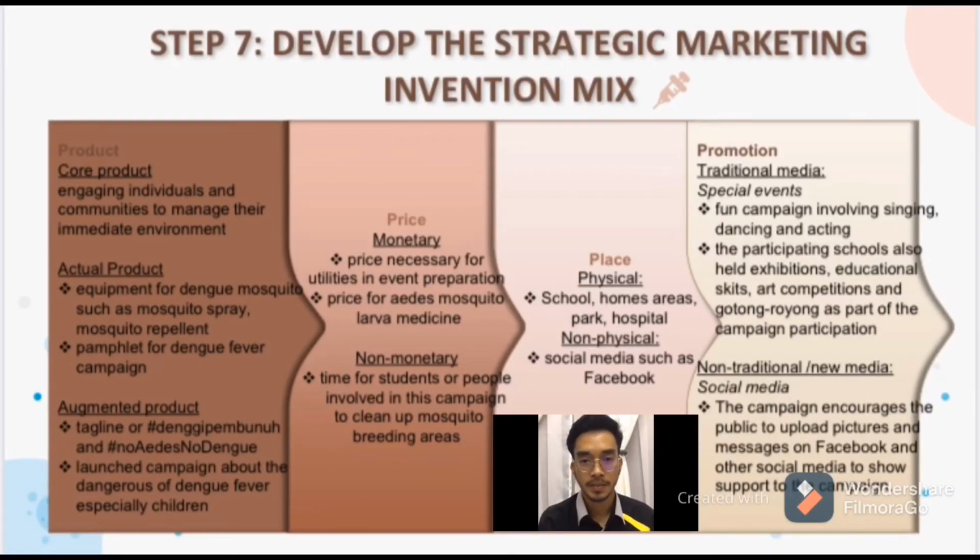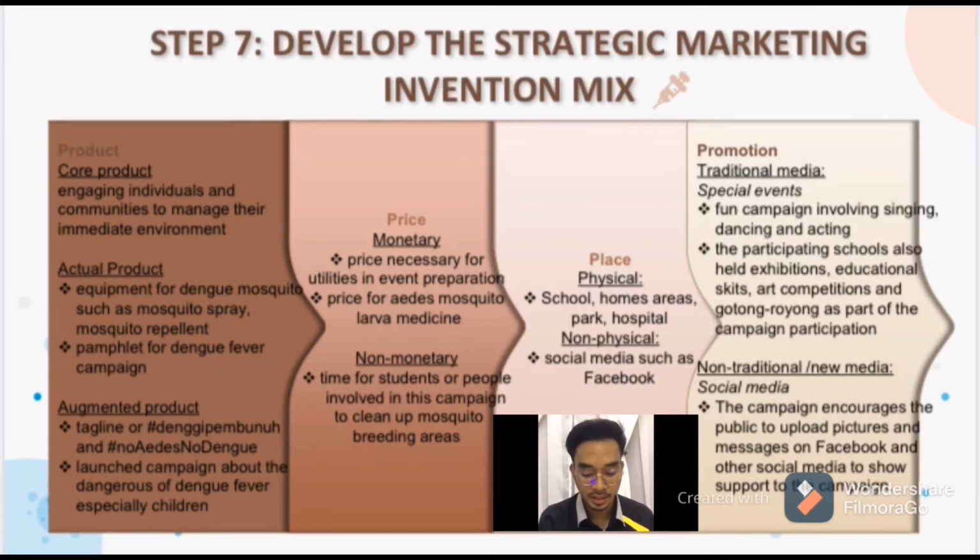Okay, I will explain step 7, develop the strategic marketing intervention mix. For the product, there are 3 products: core product, actual product, and augmented product. The core product is not the product itself. It is a concept that describes the utility the consumer obtains from using the product. So this is the main requirement met for the product to be made.